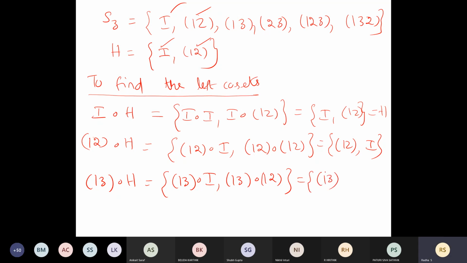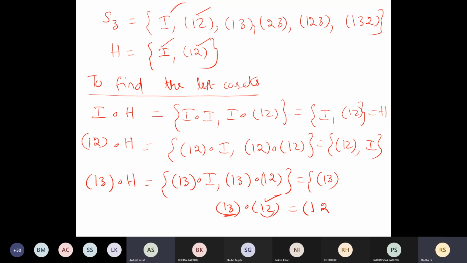I'll teach you the easy way. Please listen. You have to start from the right. I want to find the image of 1. Here 1 goes to 2. Then I'm going to 2 here. Where does 2 go here? 2 is fixed.